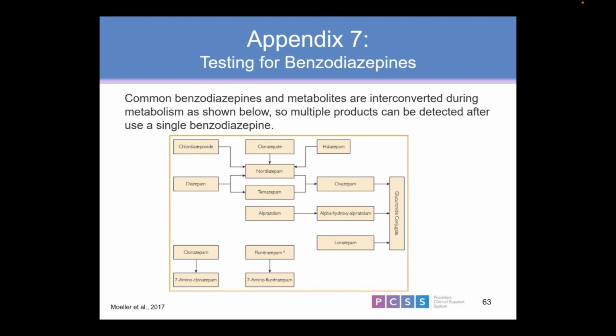Similarly with benzodiazepines, most of the benzodiazepine screening tools are looking at diazepam breakdown, and so strangely enough, a couple of the medications that are most frequently prescribed, like alprazolam and lorazepam, are not typically going to be picked up because they don't break down to oxazepam.